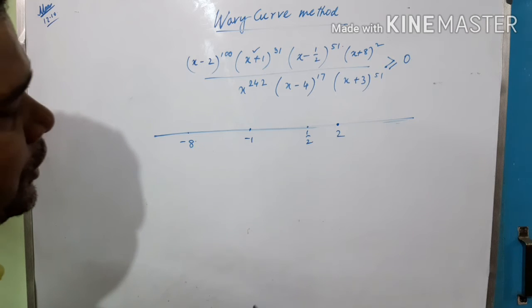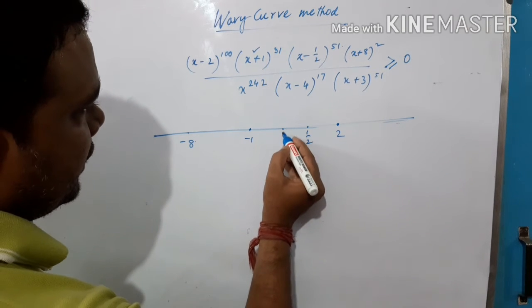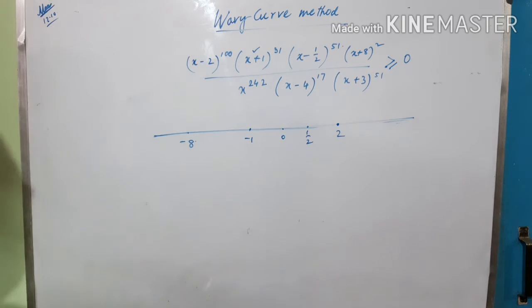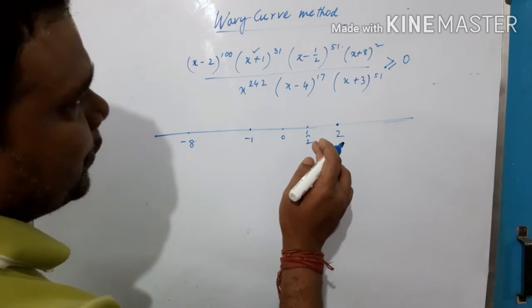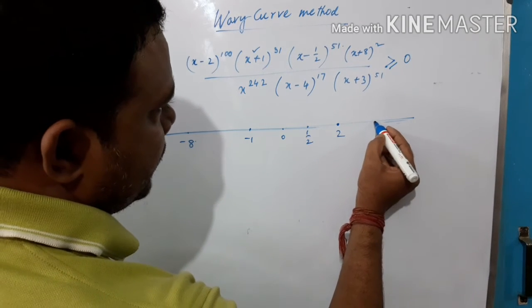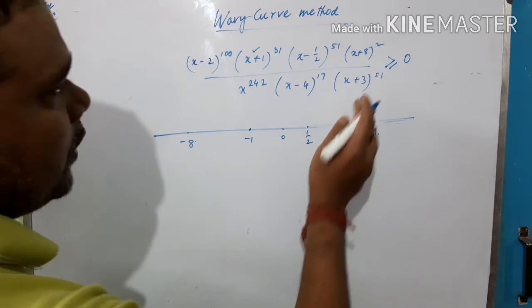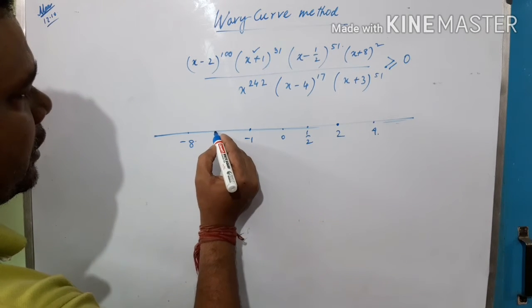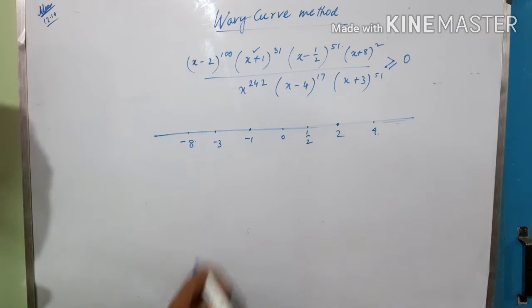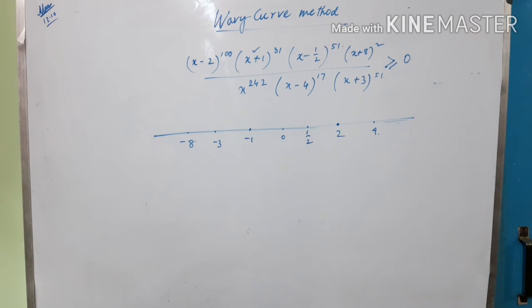Next number is 0. So here is the number 0. And next number is plus 4. So here is the number plus 4. And the last one is minus 3. So here is the number minus 3. So we have marked the roots and poles on the real line.